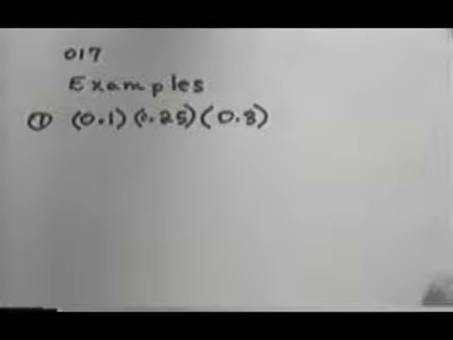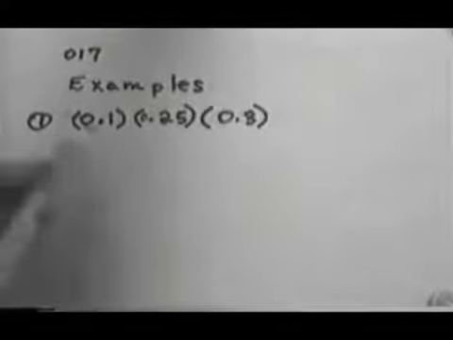Now let's do some examples. This one is 1/10 multiplied by 25 hundredths multiplied by 3/10. I could do this without putting the numbers under each other because my numbers are so small.